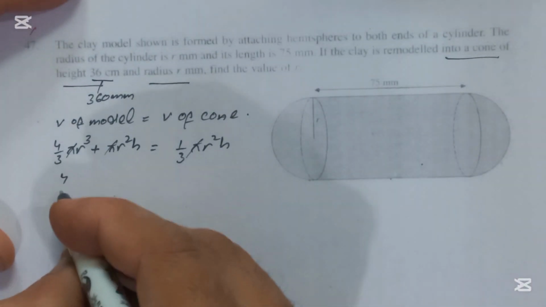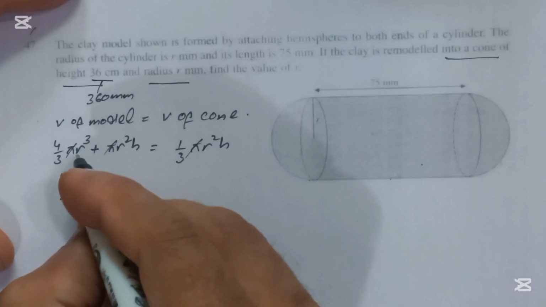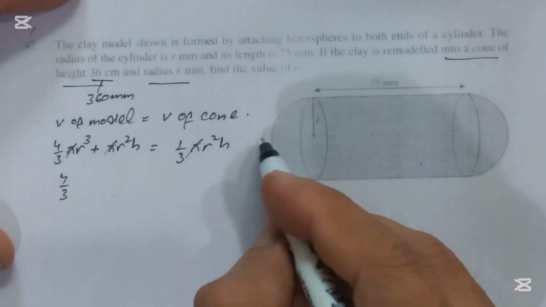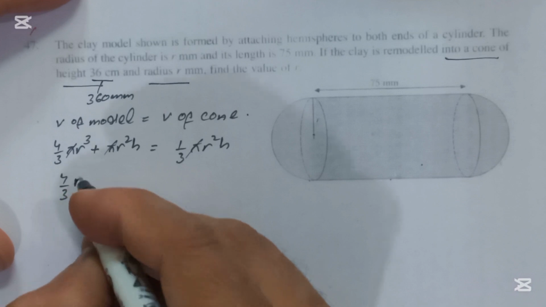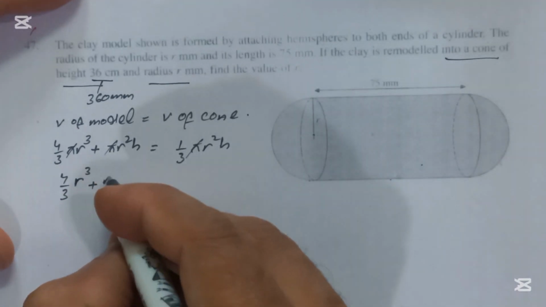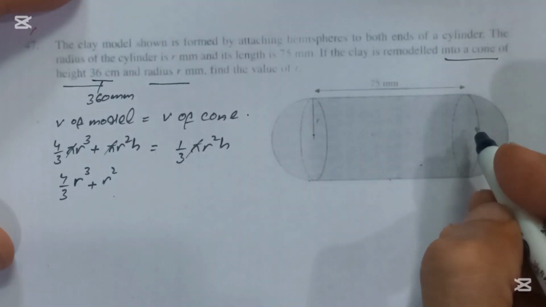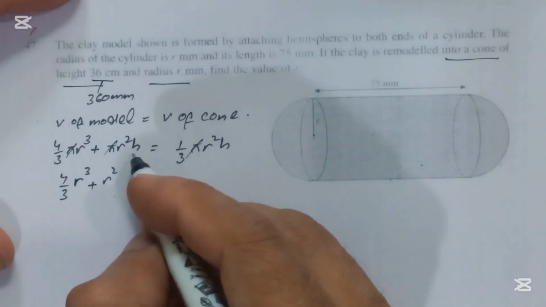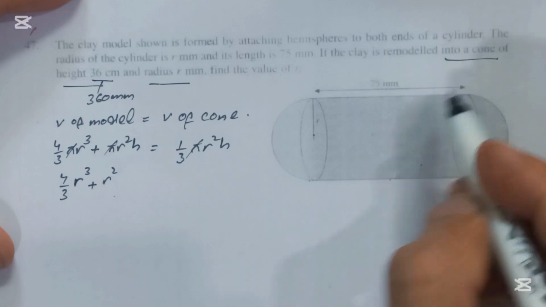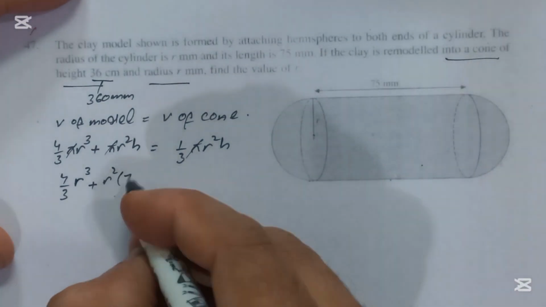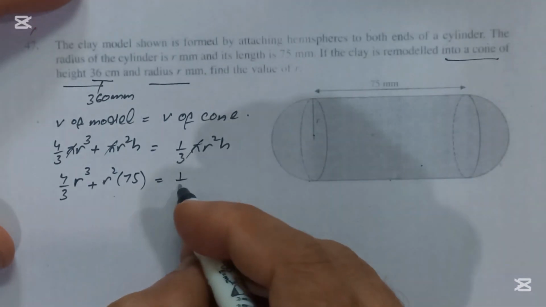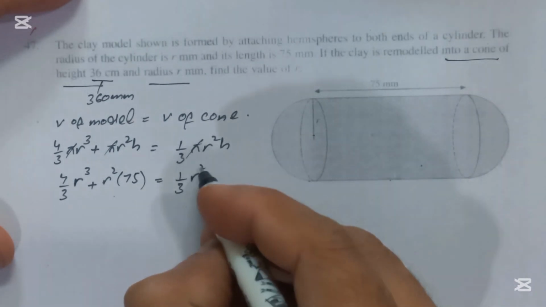This 4 by 3 will remain same. R cube of the sphere will be r cube. Put it as it is. Plus this r square will remain same because we don't have the value of the r, but h, cylinder's height, that is 75, is equal to 1 by 3, r square will remain as it is.